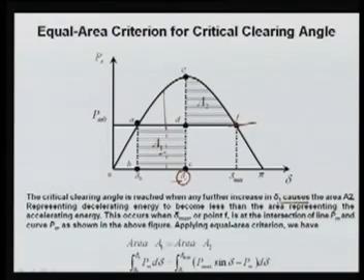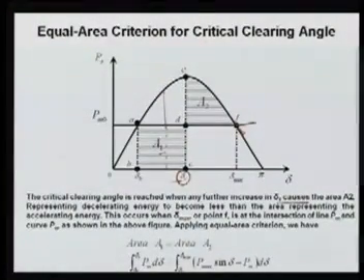Now for this critical value, this point cannot come below, because this is decelerating. Up to this point PE is more than PM, so this is decelerating. You cannot go beyond this, because if you come here, PM will be more than PE, and again it will be accelerating. So your system will be unstable if it moves beyond this point.